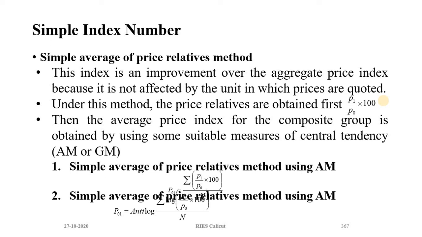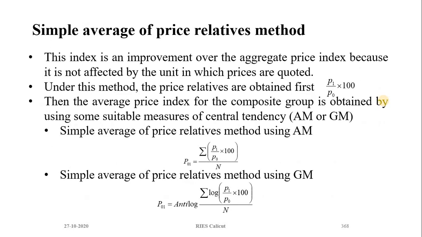Here, after finding the price relatives, we are taking the average of those using AM or GM.